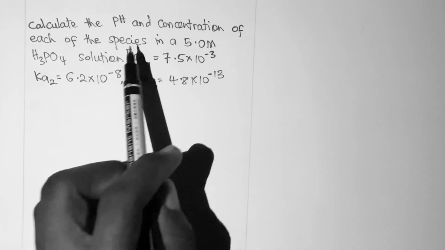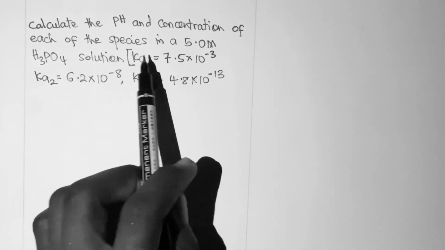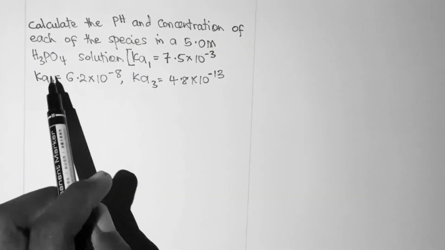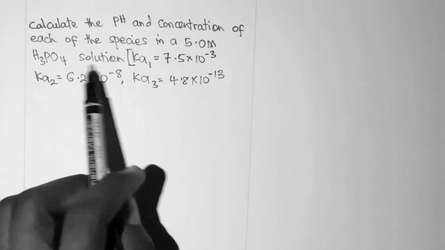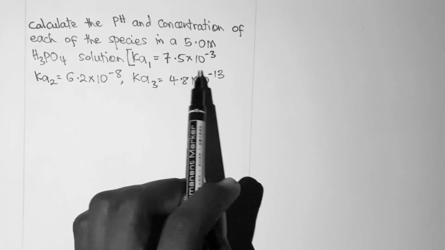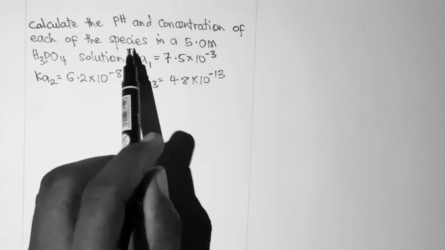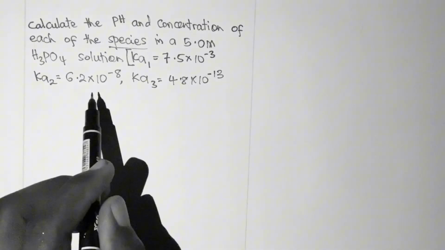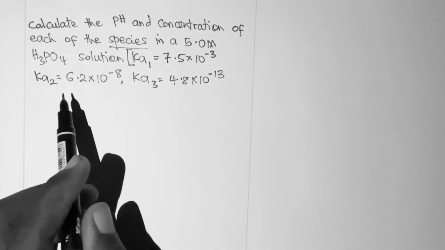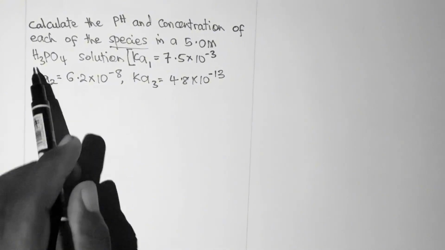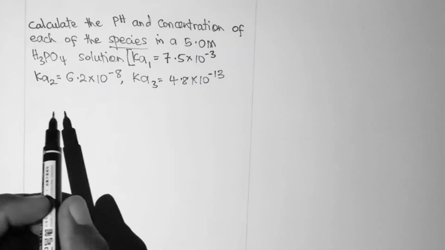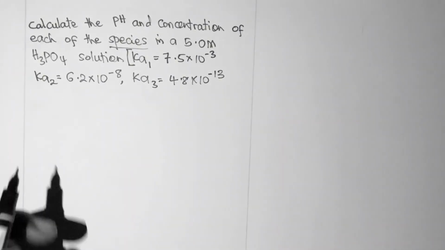Calculate the pH and concentration of each of the species in a 5.0 molar H3PO4 solution. We've been given Ka1, Ka2, and Ka3. In order to know the species, the first thing is that we must write the system of equations for the dissociation of the phosphoric acid. So let's write the first one.